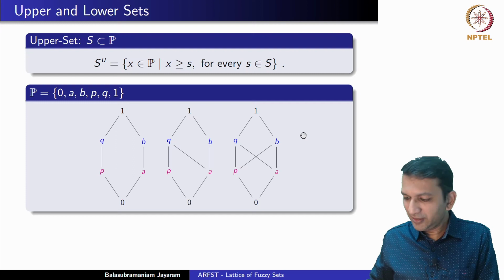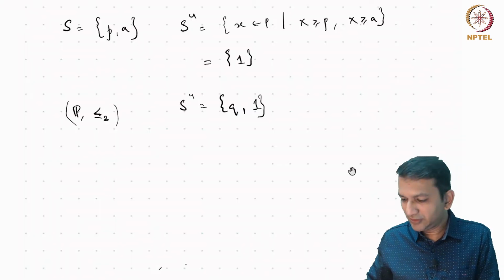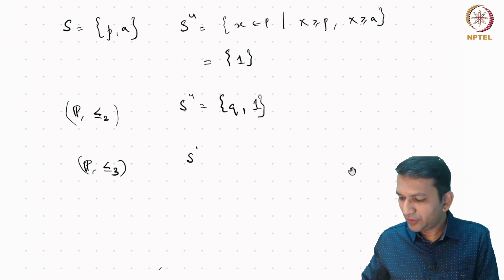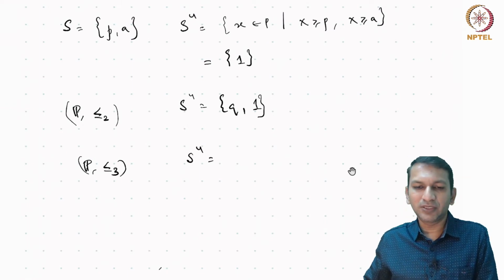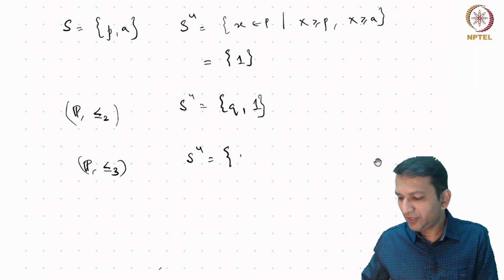On the other hand, if you consider the third poset, that means let's take P with the third ordering, and for the same S that we have considered, {P, A}, if we consider the set of all its upper bounds, we see that P and A both are smaller than Q, so Q will be here.